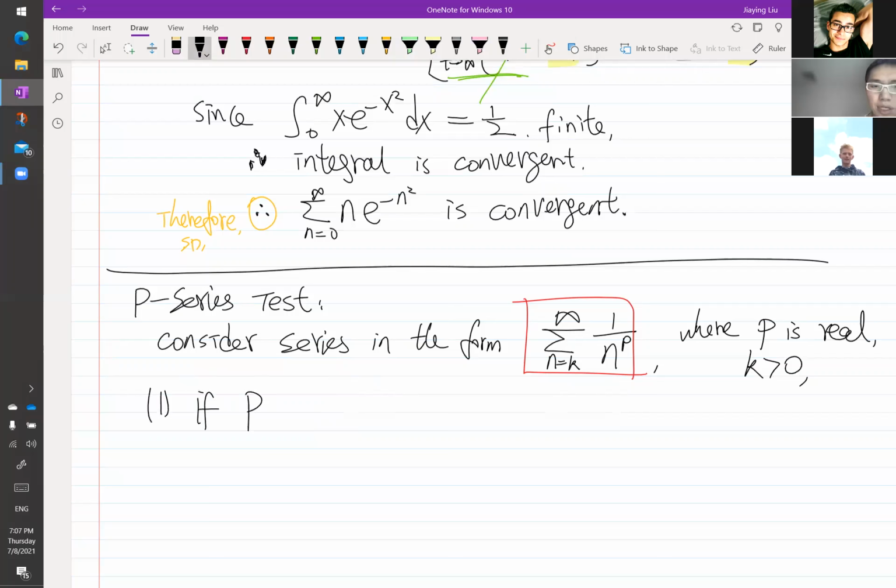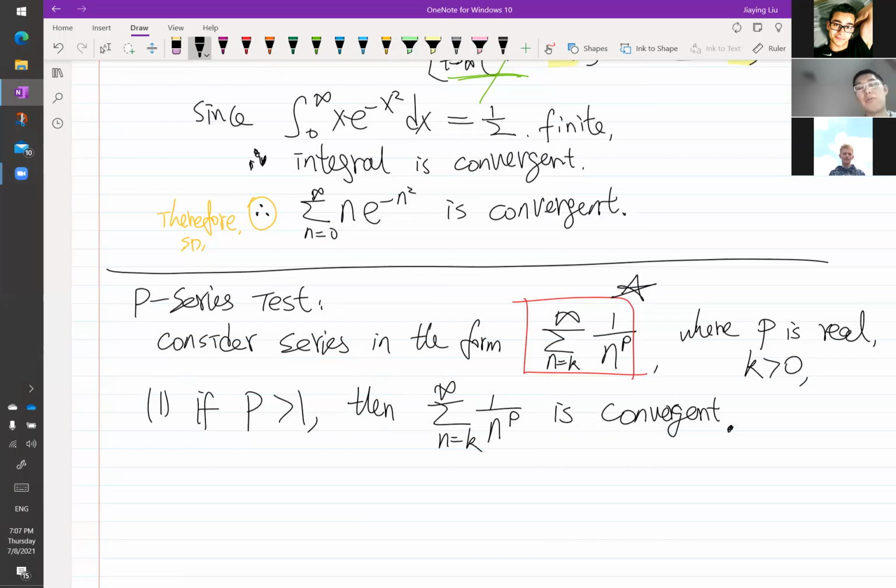If P is greater than 1, then the series n from K to infinity, 1 over n to the P is convergent. So we just look at the value of P, but you always want to make sure that the series is in this form, where a_n is 1 over n to the P. And 2, if P is less than or equal to 1, then the series 1 over n to the P is divergent.